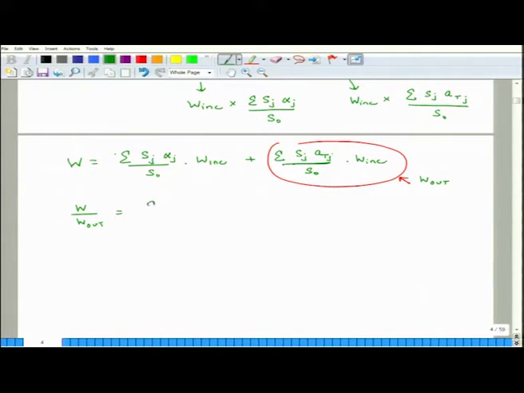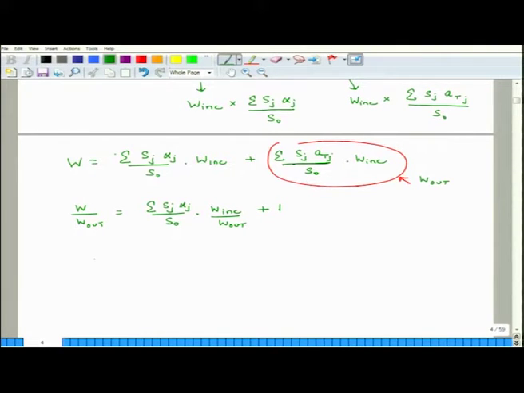I get Sj alpha j by S naught times W incident, plus 1, and there is a W out here.